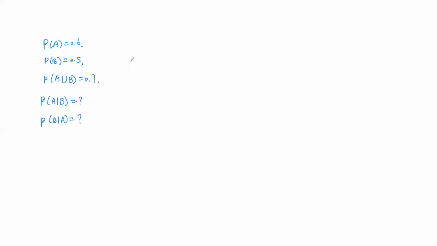All right, we don't have anything for the moment other than the definition, so let's use the definition to figure it out. Probability of A given B is the probability of the intersection over the probability of the given information, which is B here. We don't know the probability of A intersect B directly, but we know the probability of the union, so we should be able to figure out the intersection.